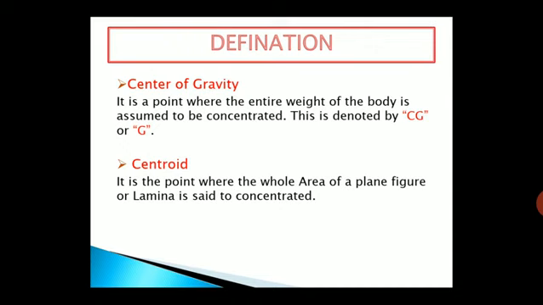For example, if I take an object such as a duster, we name the point as center of gravity because it has a considerable mass. Whereas if we take a piece of paper, say an A4 sheet, it has very negligible mass but a considerable area. So it is a plane lamina or a plane figure. For that paper, we'll term the point as centroid. That is the basic difference.